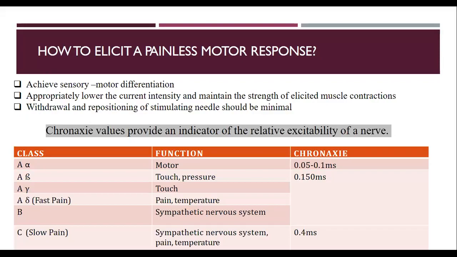Because the chronaxie varies for motor nerves and sensory nerves, chronaxie value provides an indicator of the relative excitability of a nerve. For A alpha fibers or motor fibers, the chronaxie is very minimal, that is 0.05 to 0.1 milliseconds. Whereas for A beta, A gamma, like touch and pressure sensations, and A delta fibers for pain and temperature, and B fibers, the chronaxie will be 0.15 milliseconds.